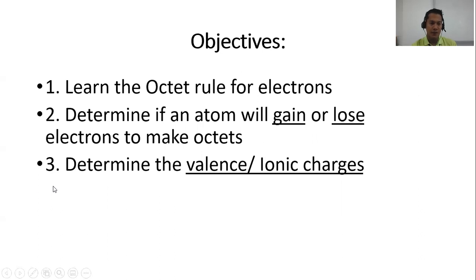And the third one, the last one, determine the valence electrons and ionic charges, whether they will gain negatives or positives. Okay, so stay tuned. It's going to be a learning experience for you. And so when you deal with the periodic table and your chemistry lessons, it will give you confidence.